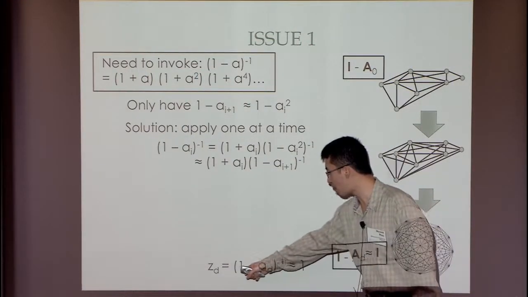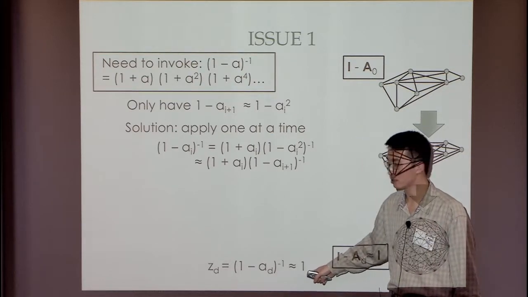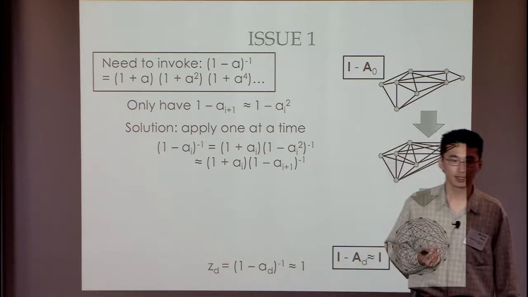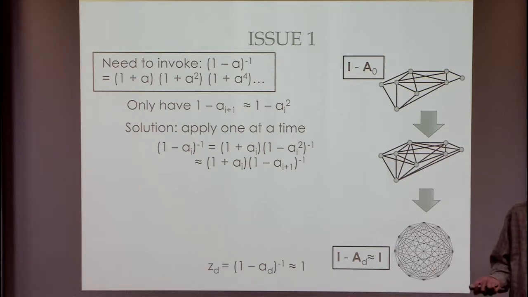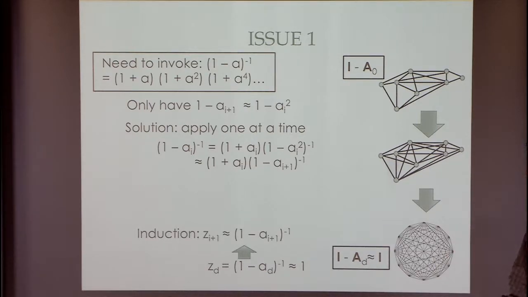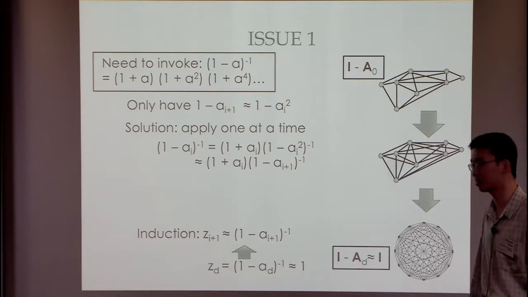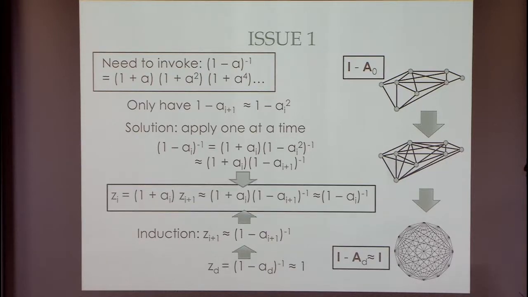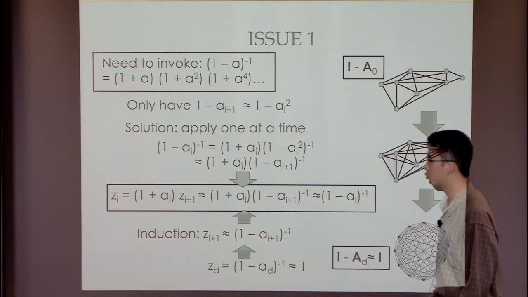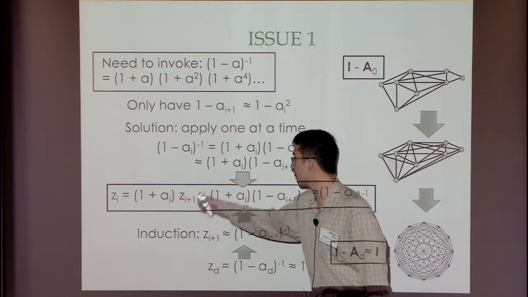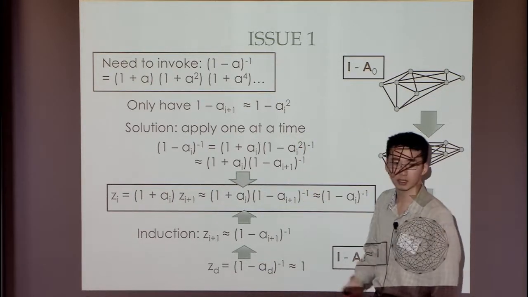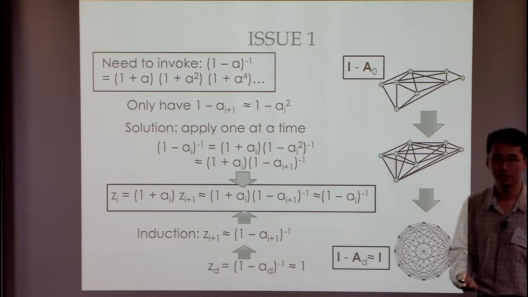Because we have that I minus A_d is close to I, we have an operator Z_d that is similar to the inverse of my last level operator. So by the inductive hypothesis, I can assume that I have an operator similar to my next level. So I have operator Z_{i+1} that is more or less the same as the inverse of I minus A_{i+1}. So what we do then is we just take this and let that be our operator. We substitute this with our next level operator.